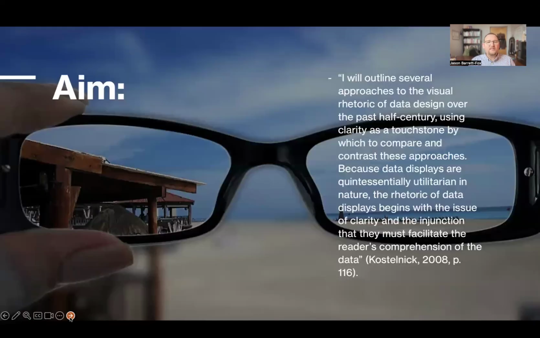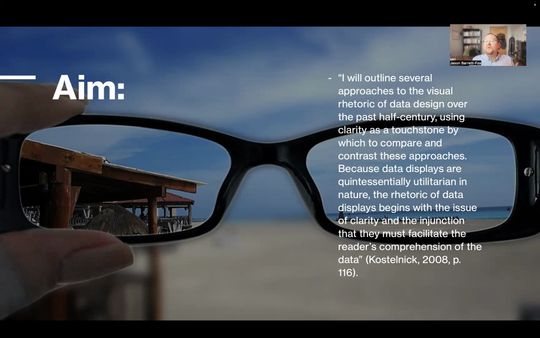So this article gives a pretty simple aim here. And he says, I'll outline several approaches to the visual rhetoric of data design over the past half century, using clarity as a touchstone by which to compare and contrast these approaches.